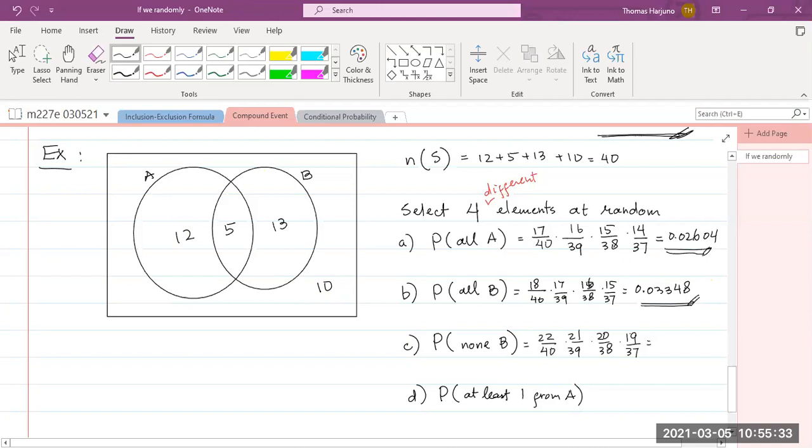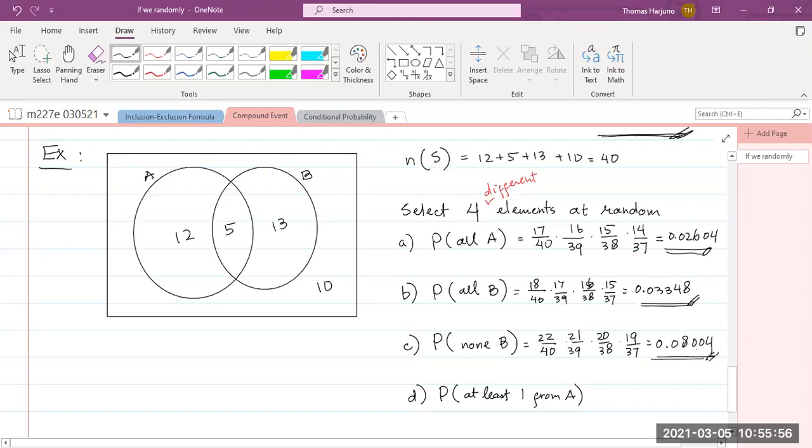I will compute that. That gives me 0.08004.